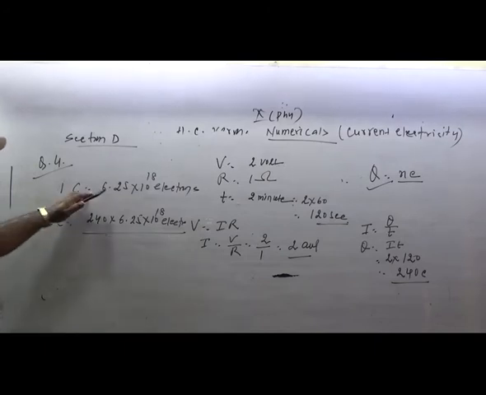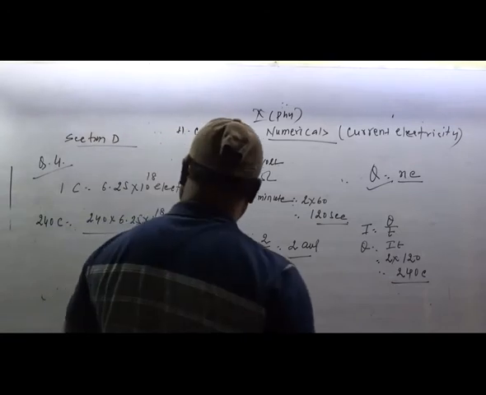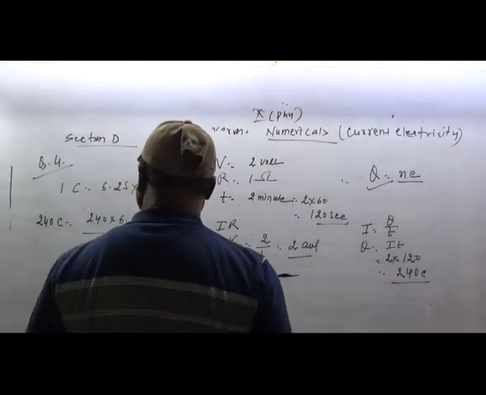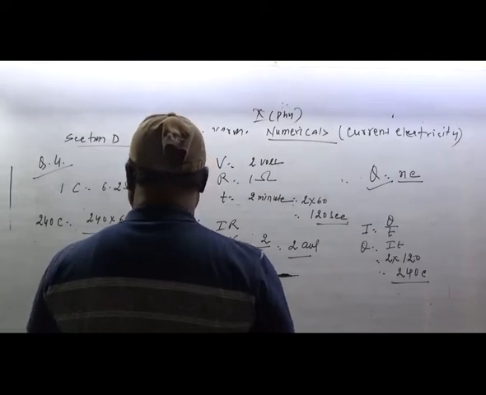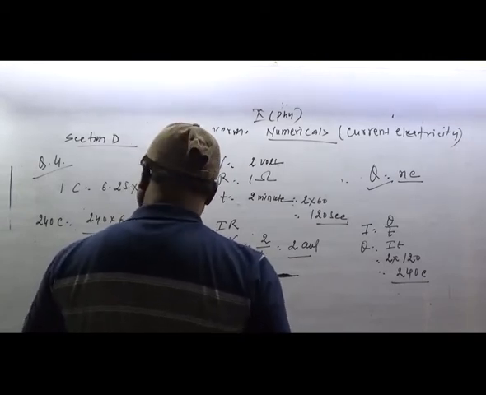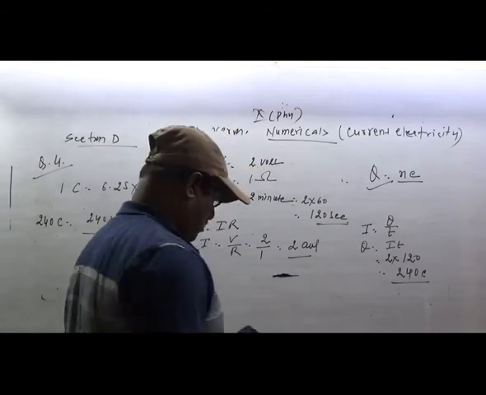We have solved it: 1 coulomb of charge contains 6.25 into 10 to the power 18 electrons. So that is question number 4.